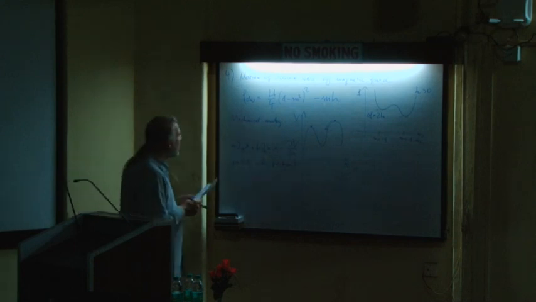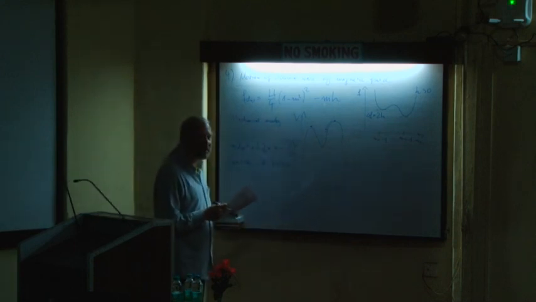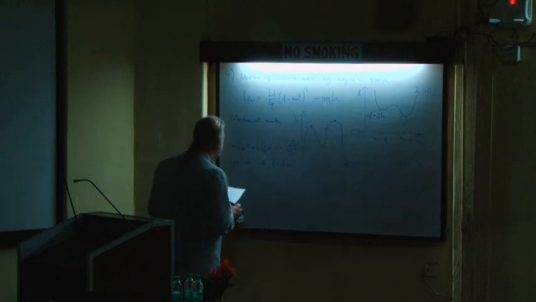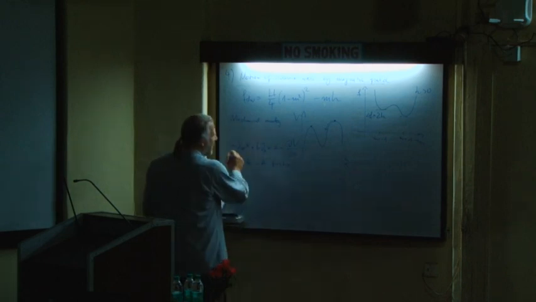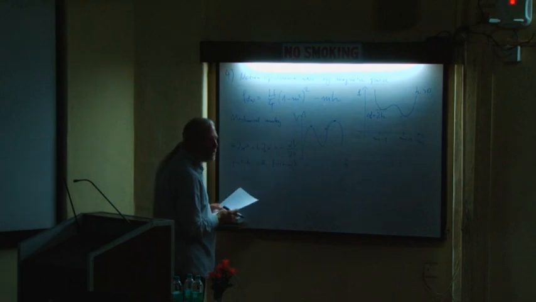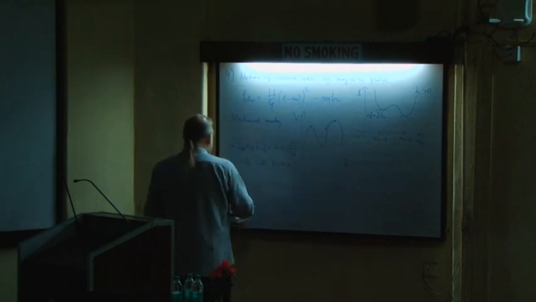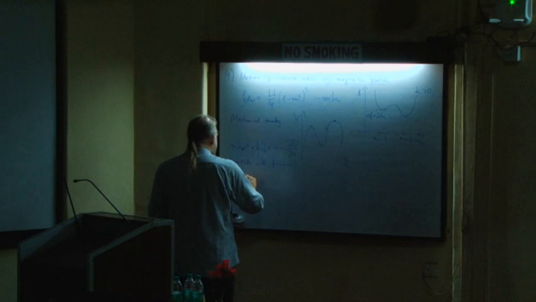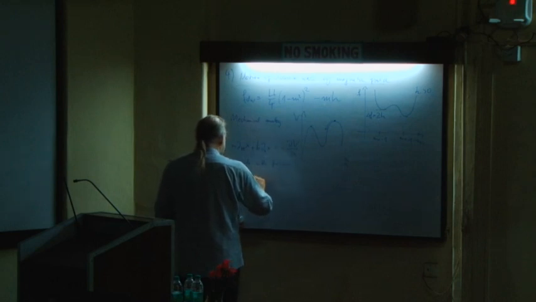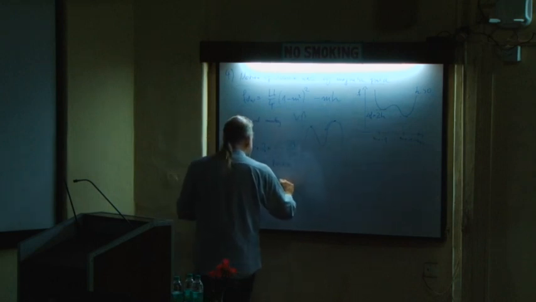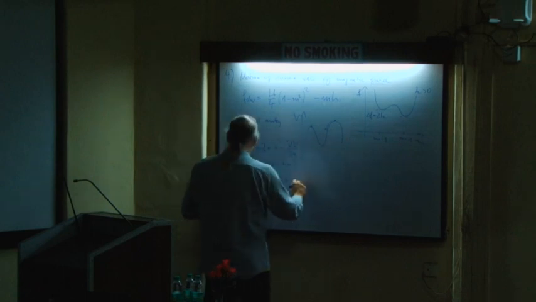Well, okay, I can derive a condition for this friction coefficient b. How can I do that? Well, I multiply this whole equation by dx/dt. So I multiply by d_t x. What do I get?